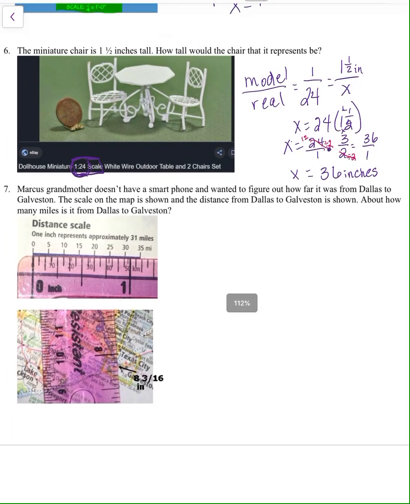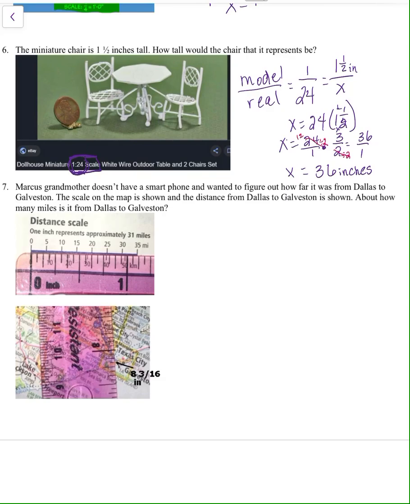All right, our last question has to do with a distance on a map. We can see that from the pictures, right? It says Marcus' grandmother does not have a smartphone and wanted to figure out how far it was from Dallas to Galveston. The scale on the map is shown and the distance from Dallas to Galveston is shown. About how many miles is it from Dallas to Galveston?